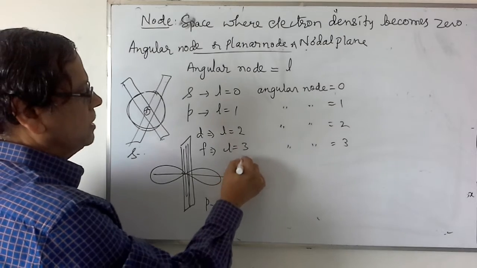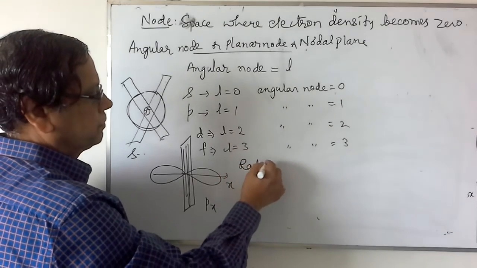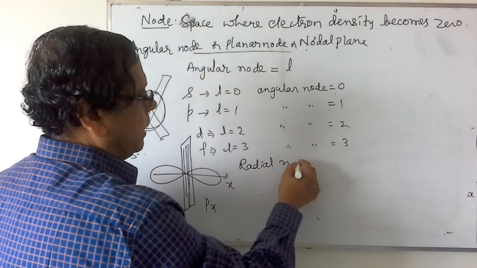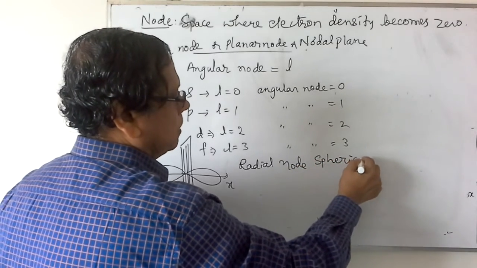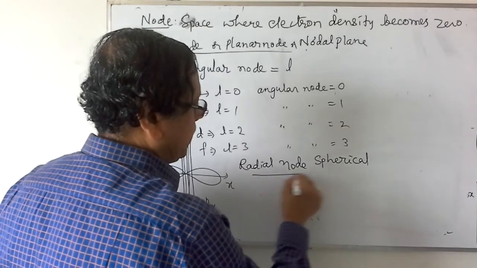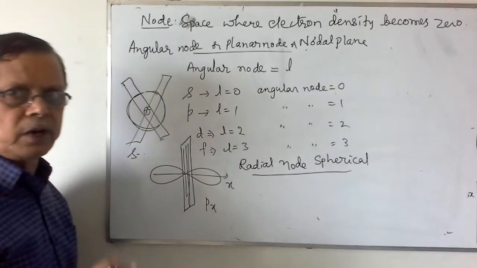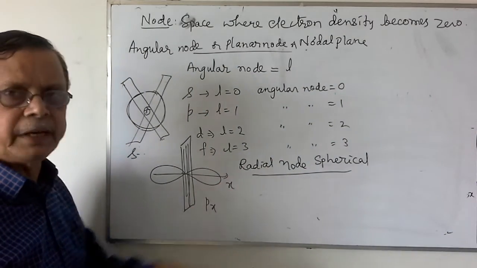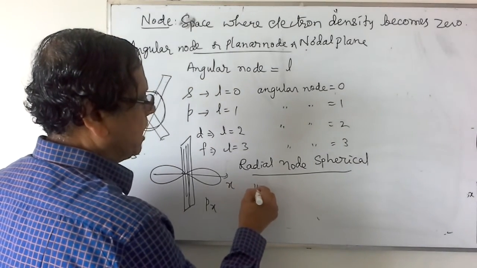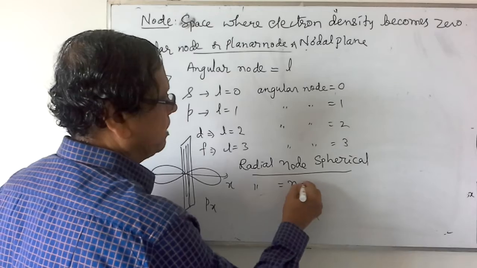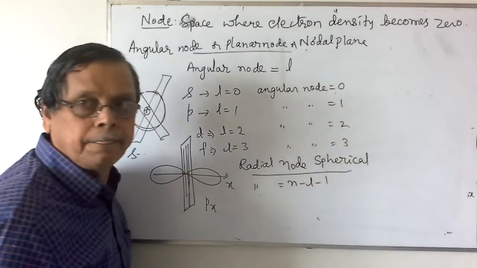The second one is the radial node. Radial node, it is also named as the spherical node. This is the spherical space around the nucleus where electron density becomes 0. For example, this radial node can be calculated by using the equation n minus L minus 1.